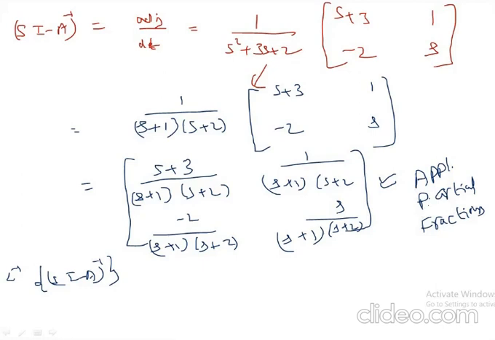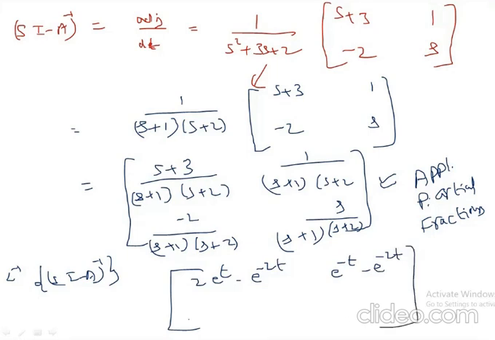If you apply partial fractions and then the inverse Laplace transformation, you will get 2e power minus t minus e power minus 2t, e power minus t minus e power minus 2t, minus 2e power minus t plus 2e power minus 2t, and minus e power minus t plus 2e power minus 2t. This is the state transition matrix, which is equal to e power At.